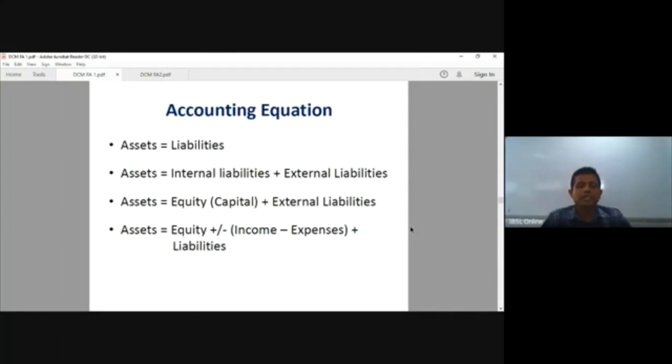Then the final formula: equity plus or minus income minus expenses. Income minus expenses will be profit or loss. That's why equity plus or minus income minus expenses, then plus liabilities. Same thing again.